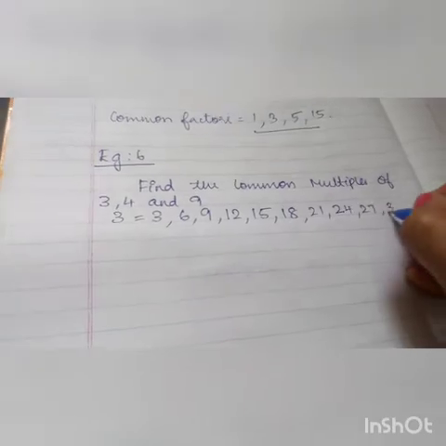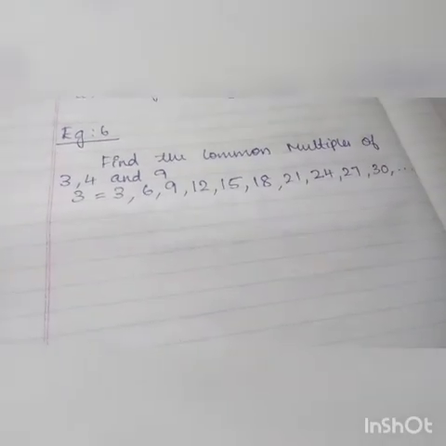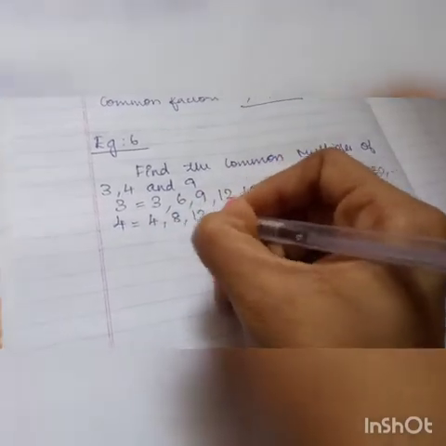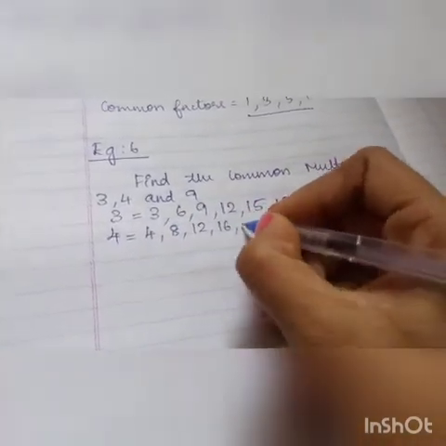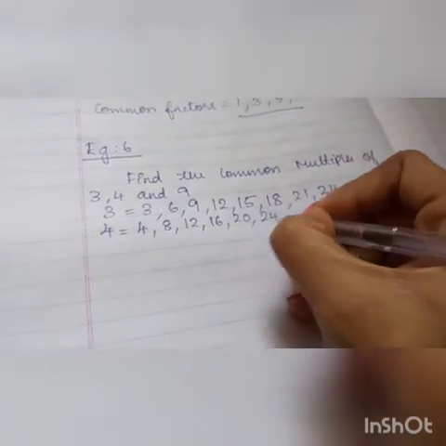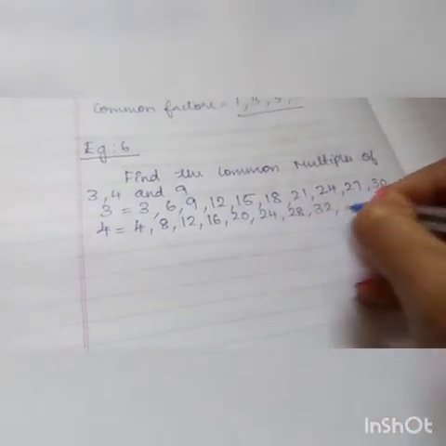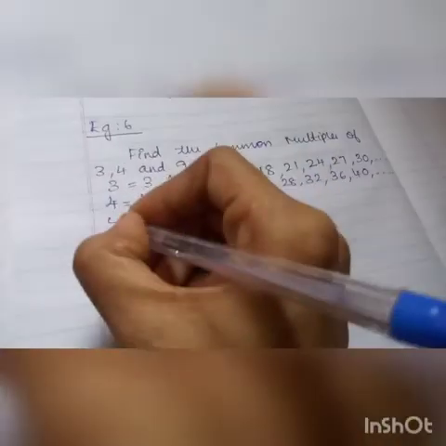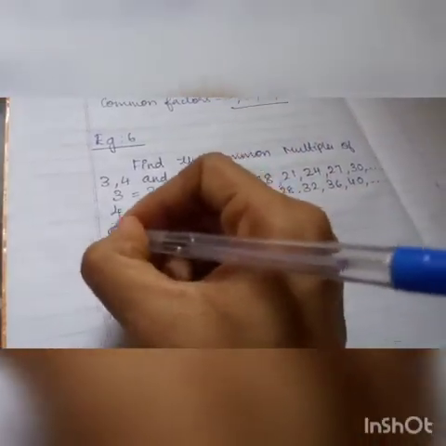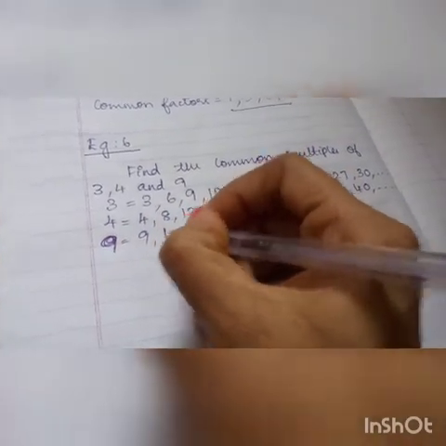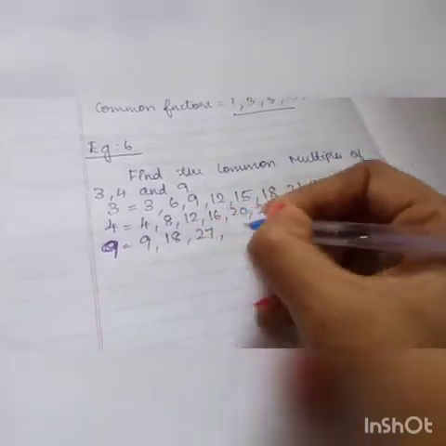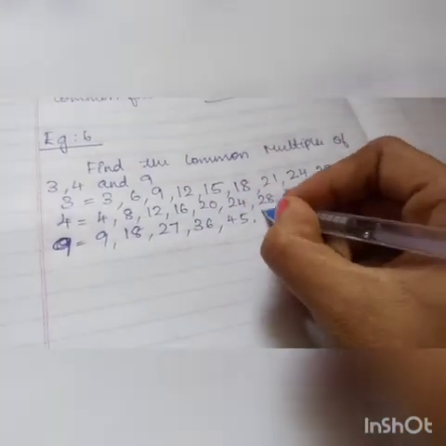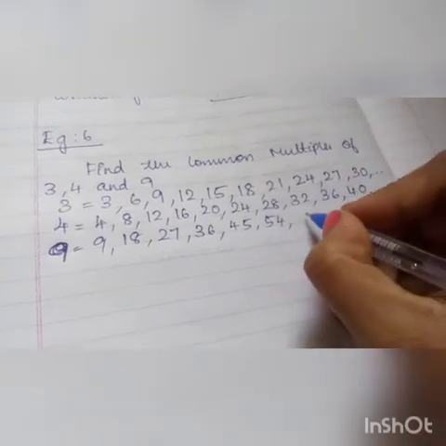Like that, you can write and put etc. Next, fourth table. 4 ones are 4, 4 twos are 8, 4 threes are 12, 4 fours are 16, 4 fives are 20, 24, 28, 32, 36, 40, etc. Next, ninth table. 9 ones are 9, 9 twos are 18, 9 threes are 27, 9 fours are 36, 9 fives are 45, 9 sixes are 54. Like that, you can put etc.